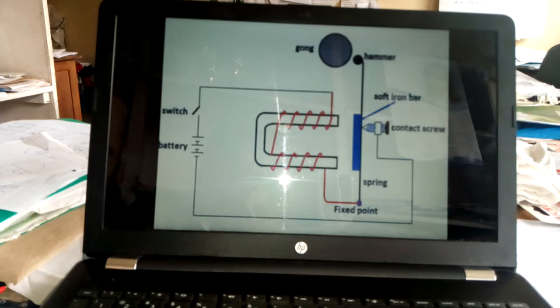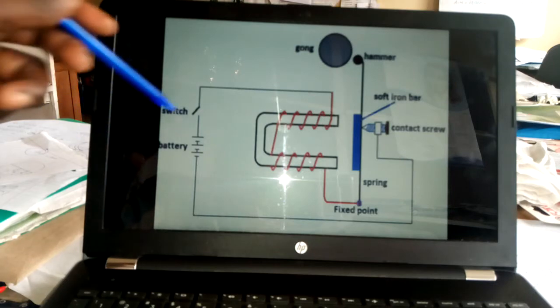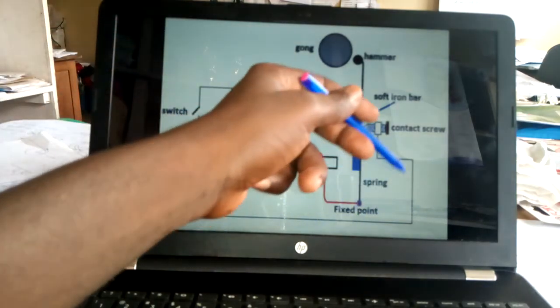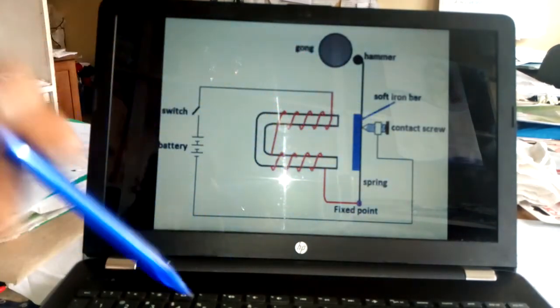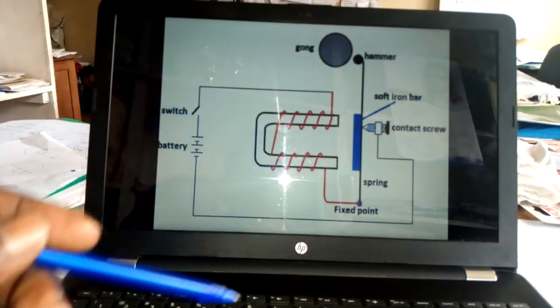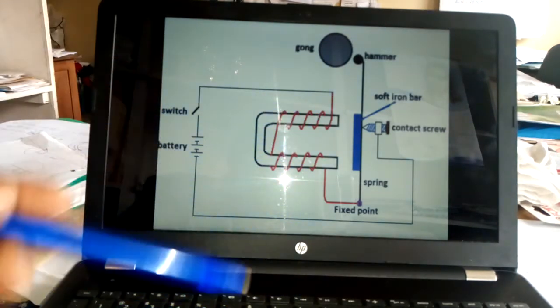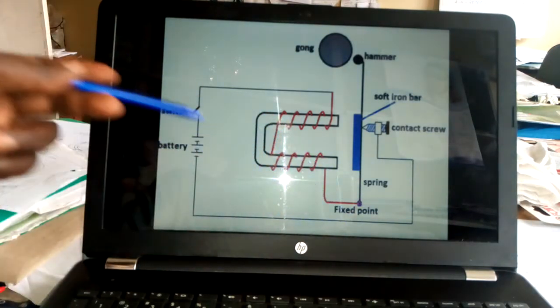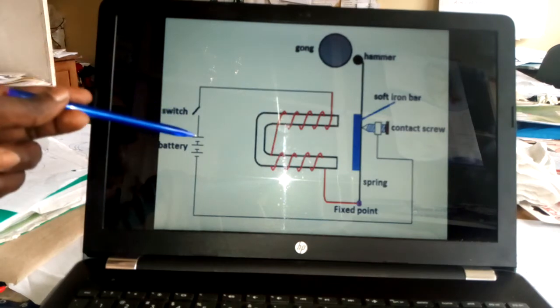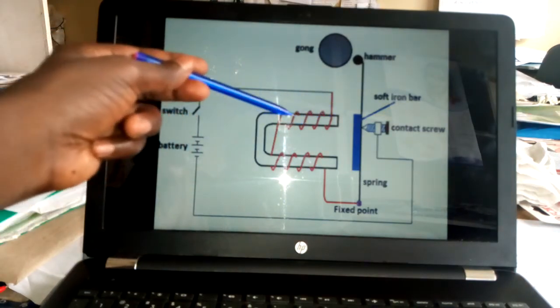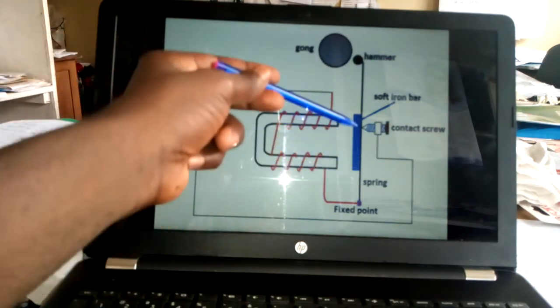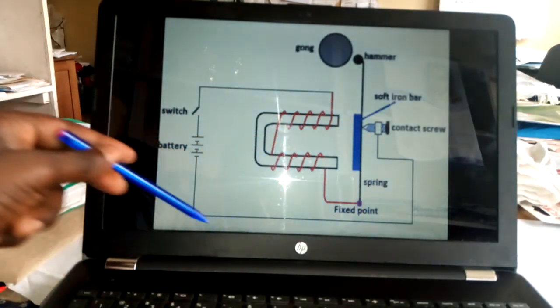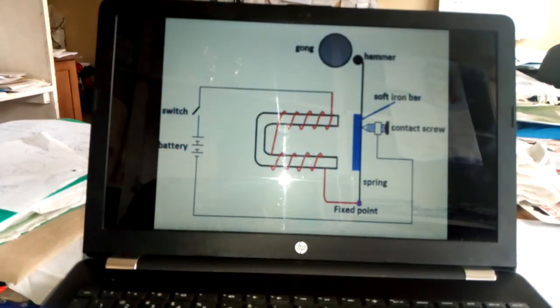When the switch is on or when it is pushed in, the first thing we have to do in our explanation is to maintain the sequence of events, the logic of events. When the switch is on, the circuit is complete. So which circuit? Look here. This circuit is now complete. So you must know what entails a complete circuit.